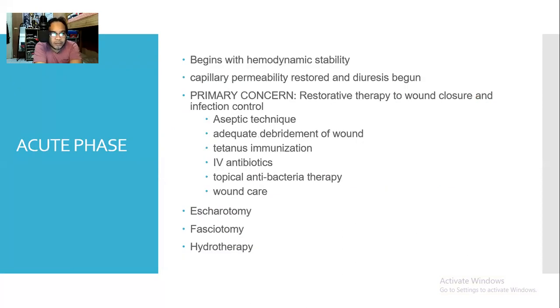Acute phase tayo begins with hemodynamic stability, capillary permeability restored, and diuresis begins, okay? Primary concern, restorative therapy to wound closure and infection control. Okay? Kasi may times na dito sa acute phase, or doon sa resuscitative phase or emergent phase, nagkakaroon tayo ng compartment syndrome.